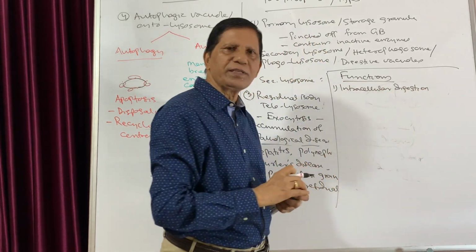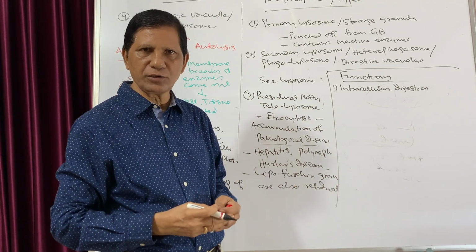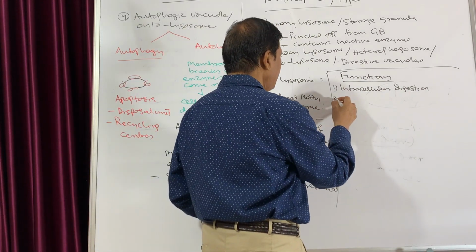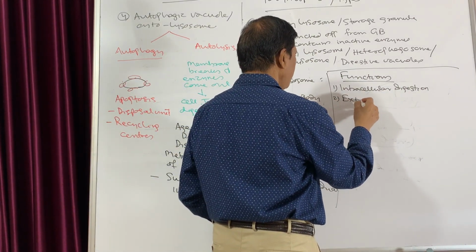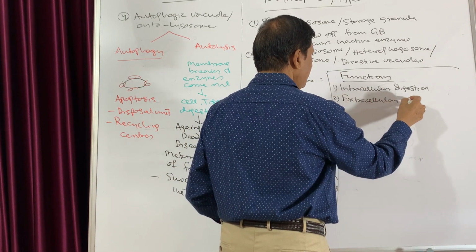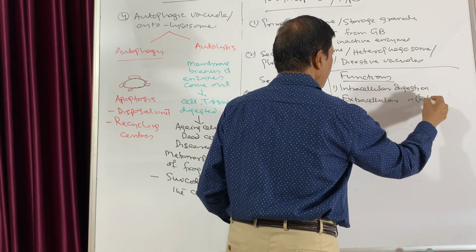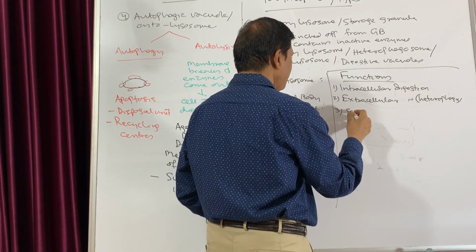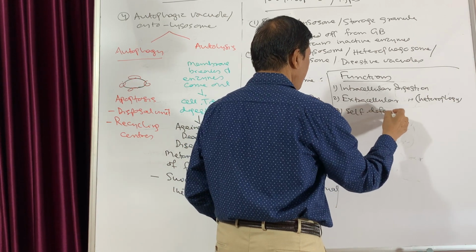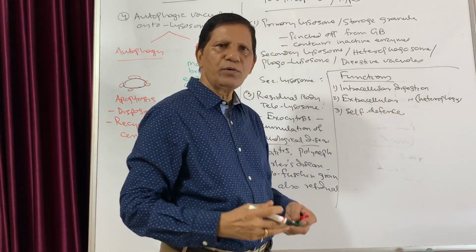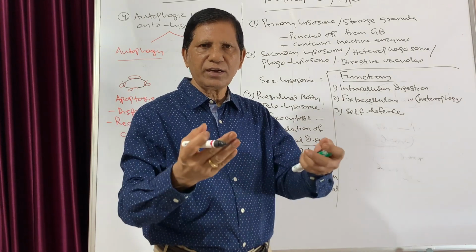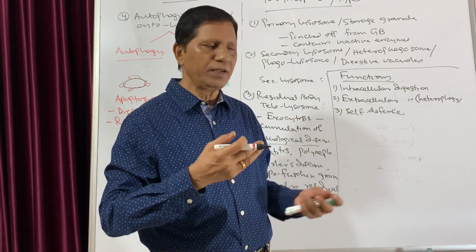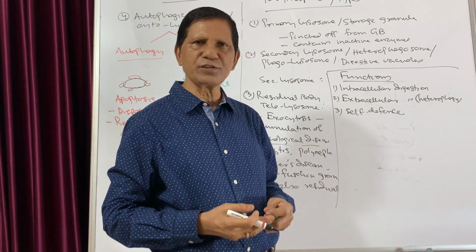The food material present inside the cell can be digested by lysosomes because they contain around 50 digestive enzymes. Similarly, extracellular digestion is known as heterophagy. Then self-defense: due to heterophagy, when pathogens attack, they come through the phagosomes and can be digested. That means the cell protects itself. The lysosomal functions are for self-defense.